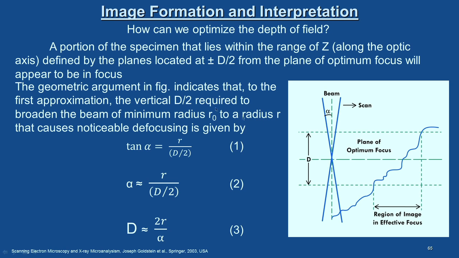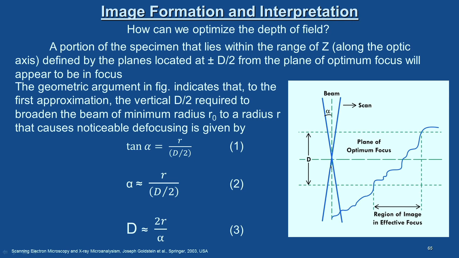From the geometry argument in the figure, to the first approximation, the vertical d by 2 required to broaden the beam of minimum radius r naught to a radius r that causes noticeable defocusing is given by tan alpha equal to r by d by 2.